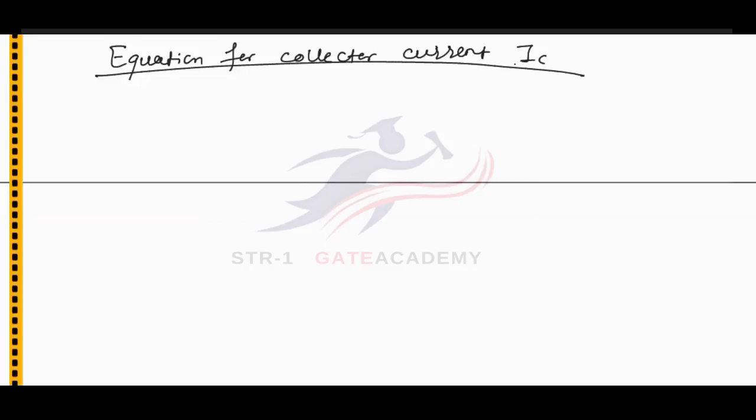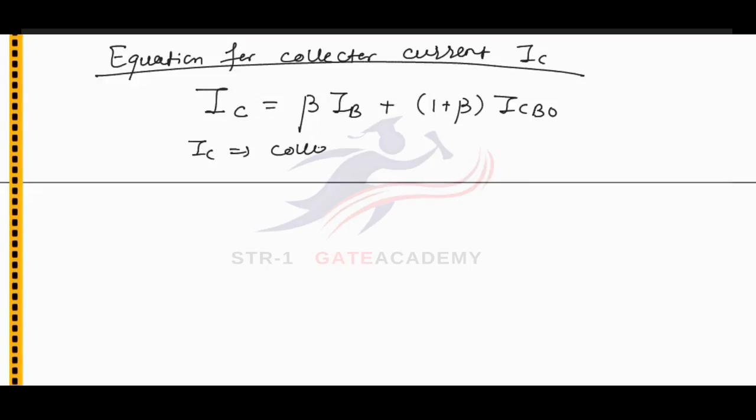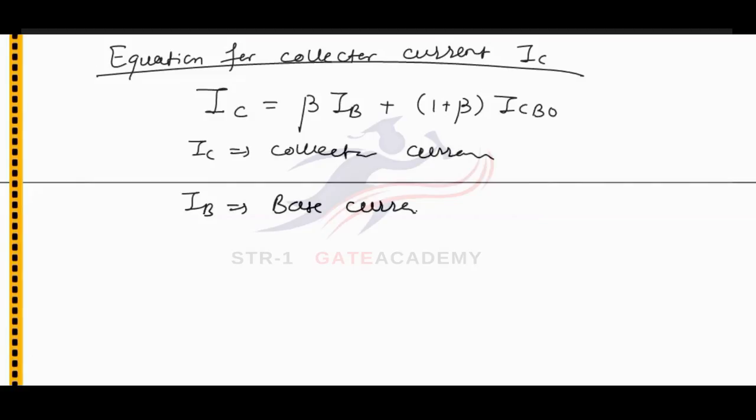Collector current is an important current of BJT, and its equation is given by IC is equal to beta into IB plus 1 plus beta into ICBO, where IC is collector current, IB is base current, beta we will discuss later.